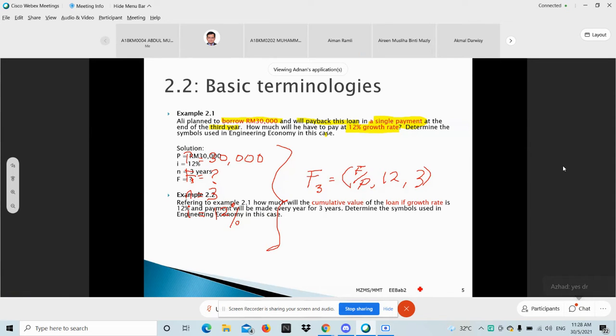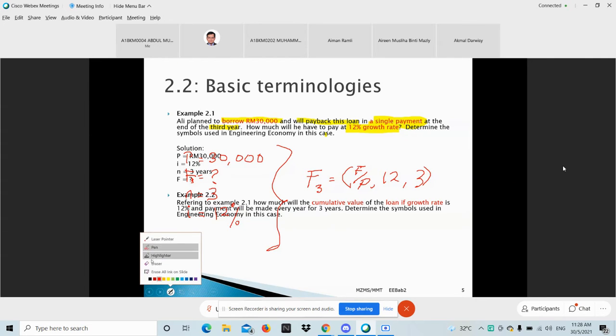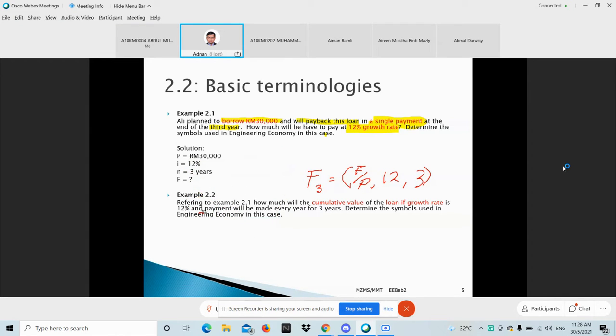So question 2.2. Question 2.2 says, referring to example 2.1, how much will the cumulative value of the loan be if the growth rate is 12% and payment will be made every year for 3 years?